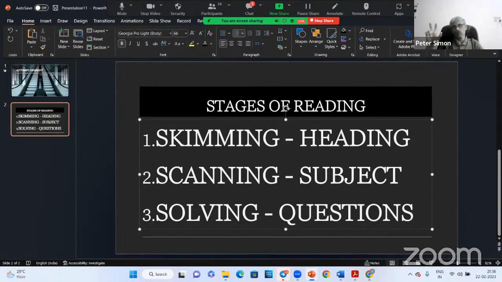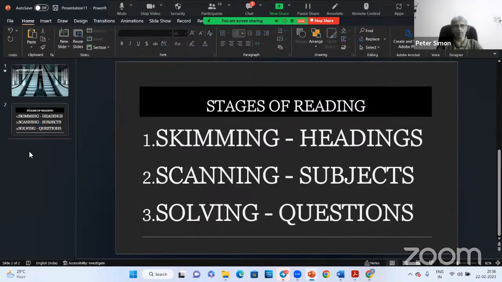Skimming, the headings, main headings and subheadings. Scanning, the subjects. Solving the questions. 3 stages. Now in skimming, there are 2 things. Skim the headings and skim the subheadings. Now, that's the point. Now next one, scanning.